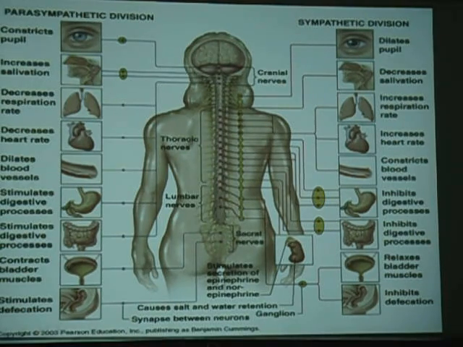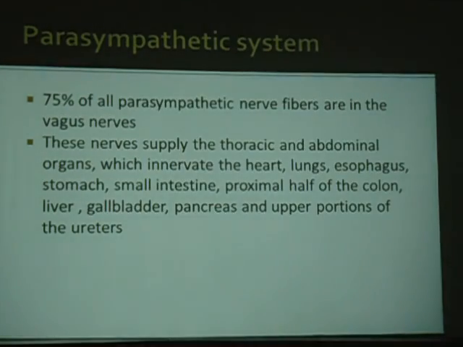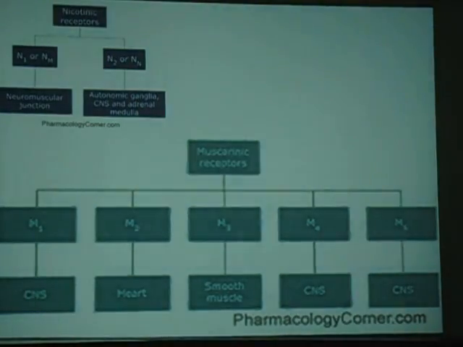And here we learned that the parasympatholytic action is somewhat opposite to our sympathetic action, with some exceptions. In the parasympathomimetic system, the receptors are present at preganglionic and postganglionic sites, and also in the somatic system. 75% of all the parasympathetic nerve fibers are present in the vagus. We already saw where these receptors are present: we have both nicotinic receptors and muscarinic receptors.